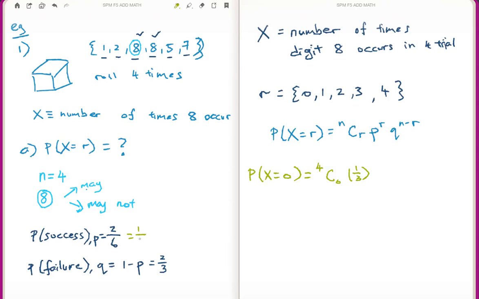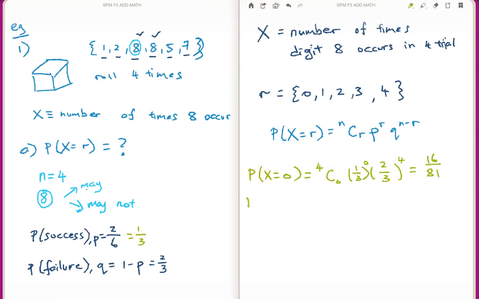Normally we simplify the equation. q is 2 over 3, and n minus r is 4. You put it in a calculator and you get the answer 16 over 81.